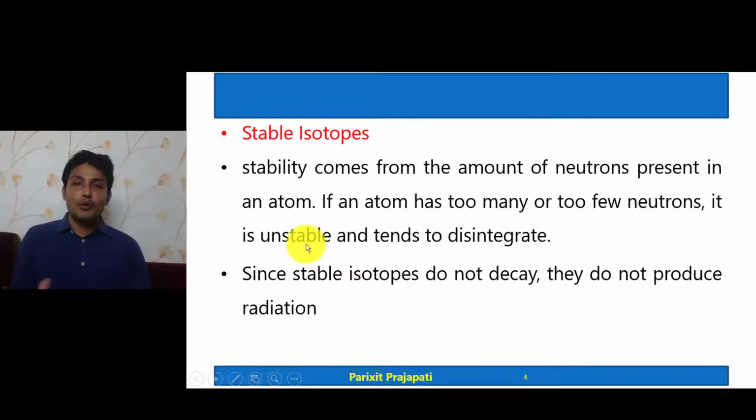So the proportion of protons and neutrons must be balanced. If it has too high a number of neutrons as compared to protons, or too few neutrons as compared to protons, then it becomes unstable and tends to disintegrate. But stable isotopes have the proportion maintained, they do not decay, and they do not produce any radiation.